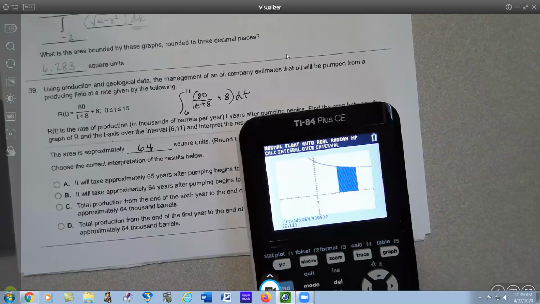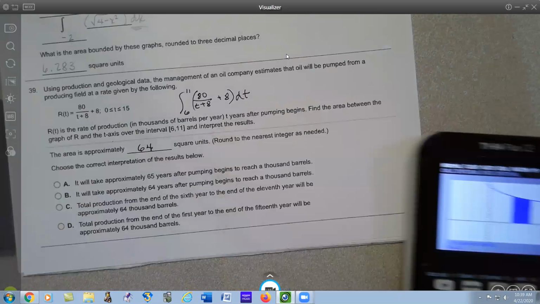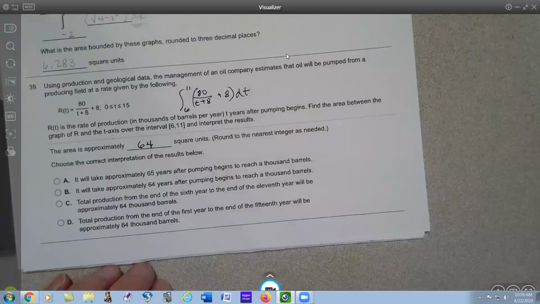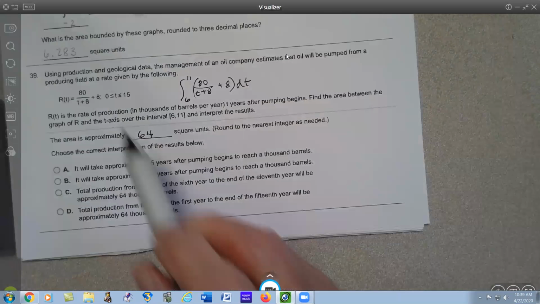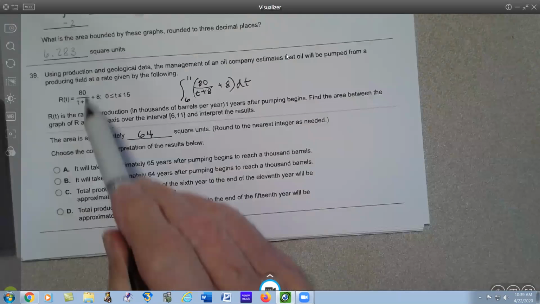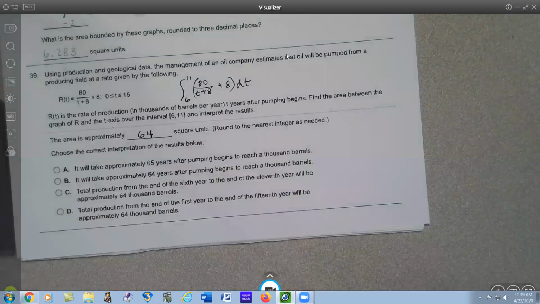All right. Now I need you to look at these interpretations. Go back up here and reread it if necessary. But figure out which one of those you would choose. Don't tell me. Just figure it out. Now, have you chosen a letter yet?